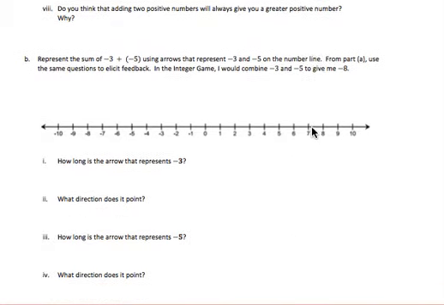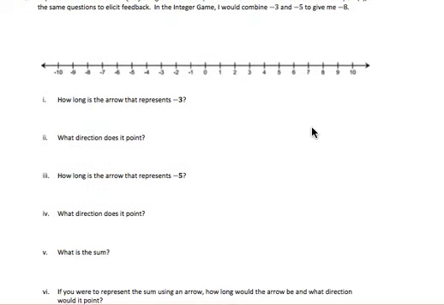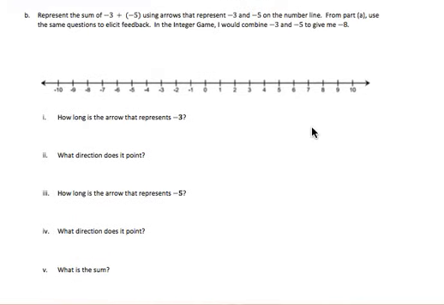In part B, we're asked to represent the sum of -3 plus -5 using arrows that represent the -3 and the -5 on the number line. We'll use the same questions for our feedback. If we were going to play the integer game, we would combine -3 and -5 to get -8.